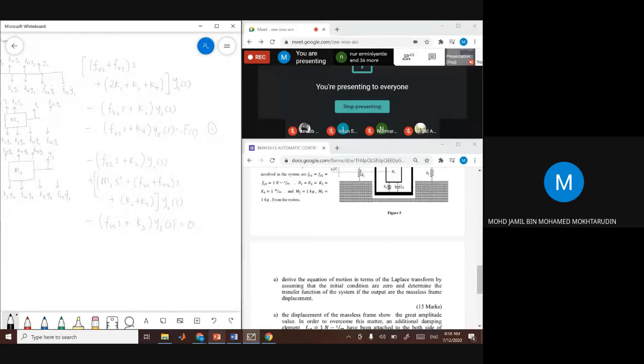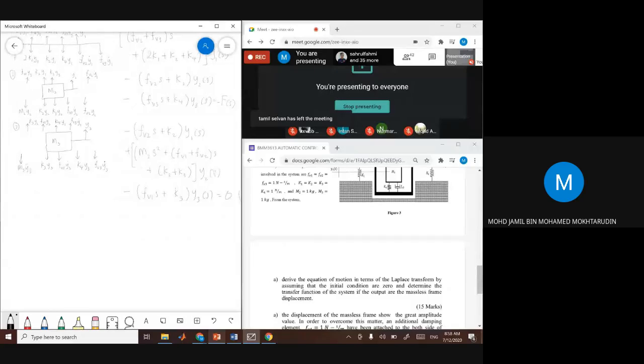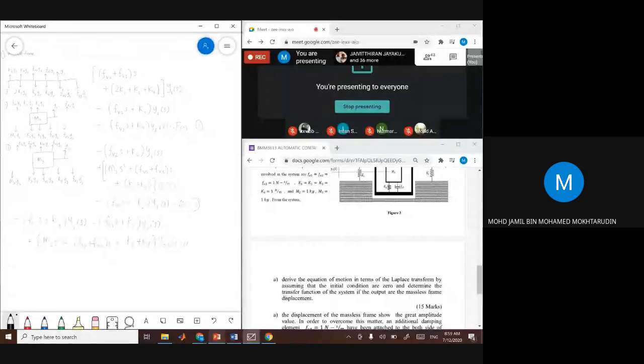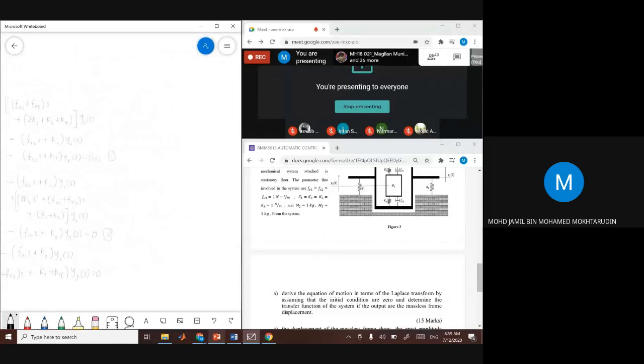And lastly, the third. Okay, and then you can substitute with the values given. Actually, substituting from the start is also fine. Okay, let's substitute. So you get 2s plus 4.